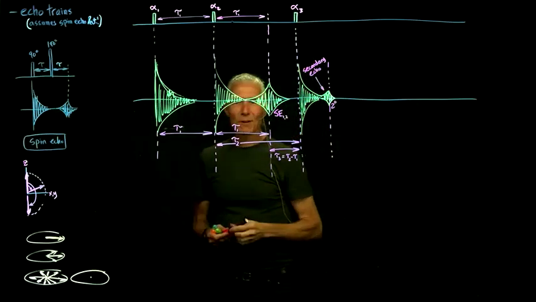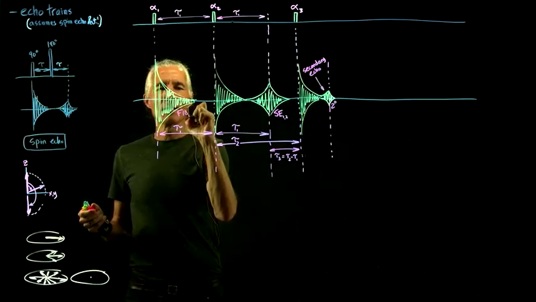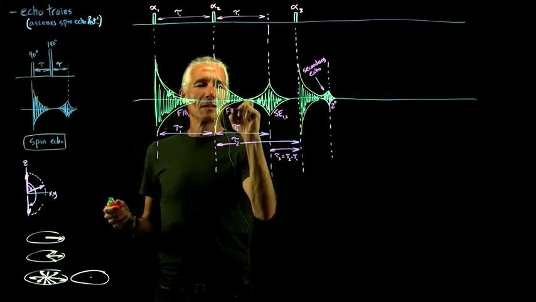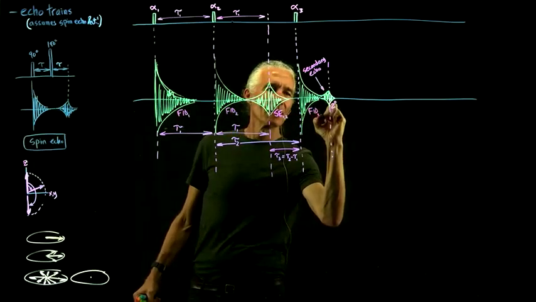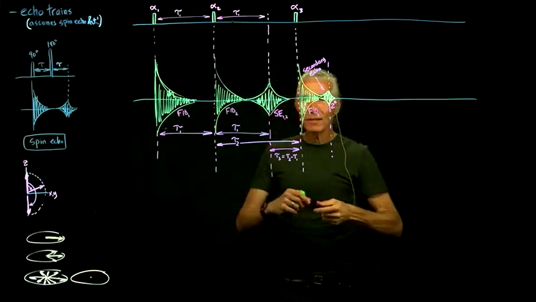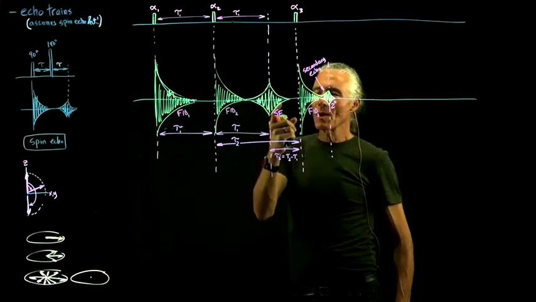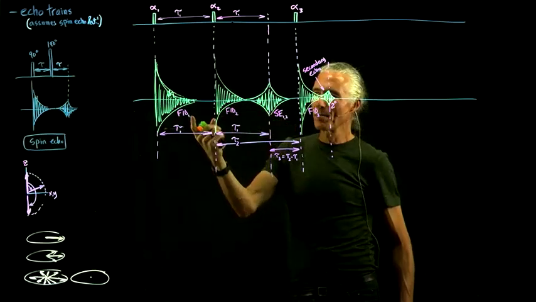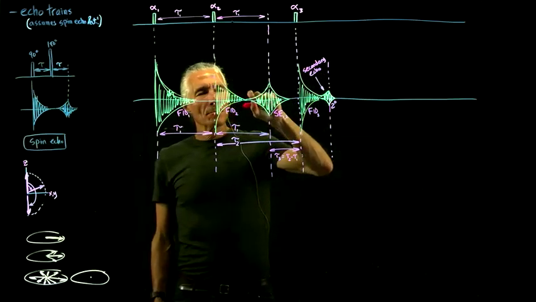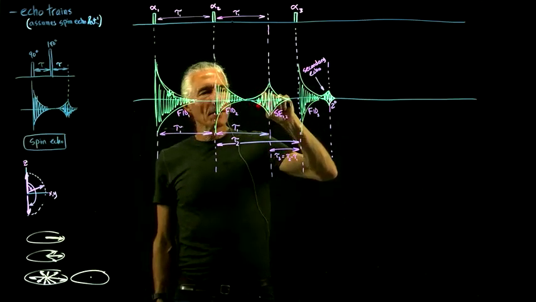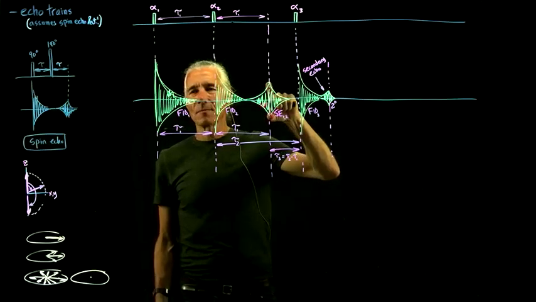So what caused that one? This one was FID 1, free induction decay 1. This was FID 2. And this guy was FID 3. Then we've got that secondary echo. If you look at this echo here, the right half of it looks like an FID from an RF pulse, because all the spins slowly got back into alignment with each other, and then right at the peak of the echo, it's just as if we did another RF pulse.